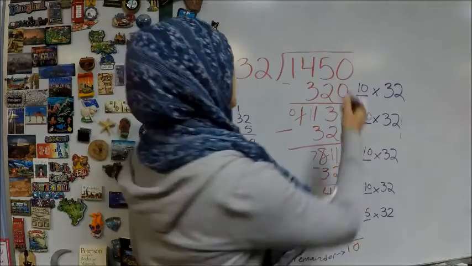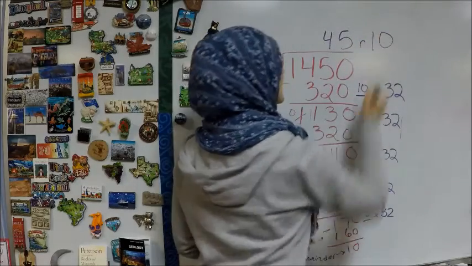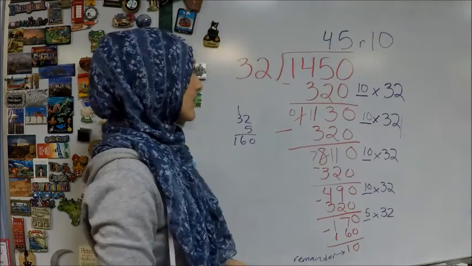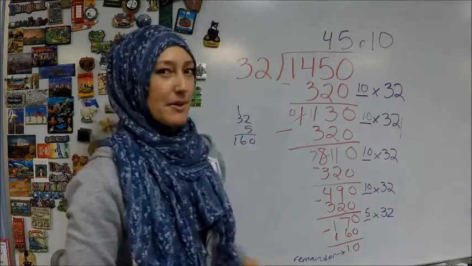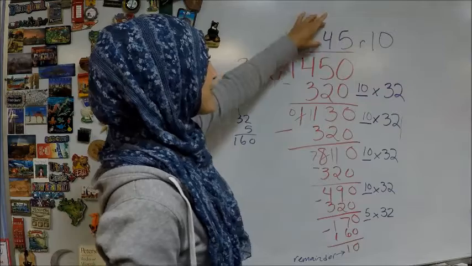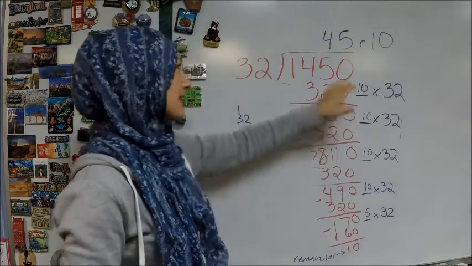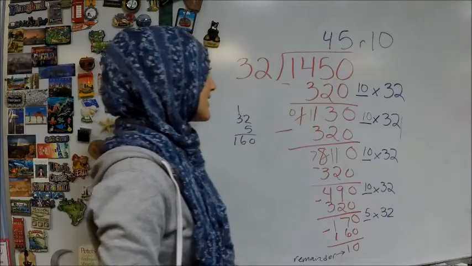So my answer would be 45, remainder 10. The way that I would check that if I wanted to go back and make absolutely sure that I did it right is I would take 45 times 32 and then I would add in my 10 to find out that it would be my dividend.